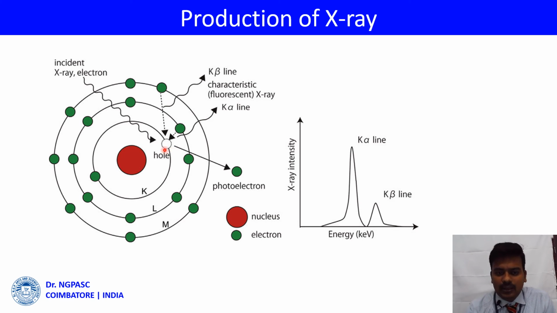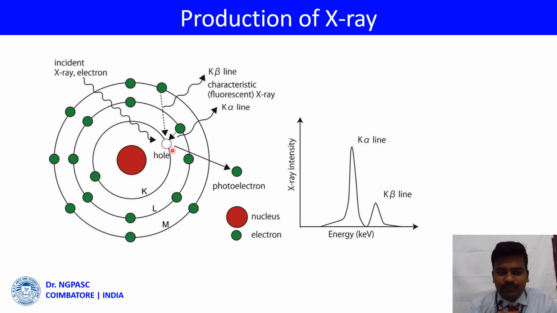It can remove them. This is called ionization. Already I told you that the ionization process is the removal of an electron. So here this high potential electron hits the K shell electron and it is ejected from there.